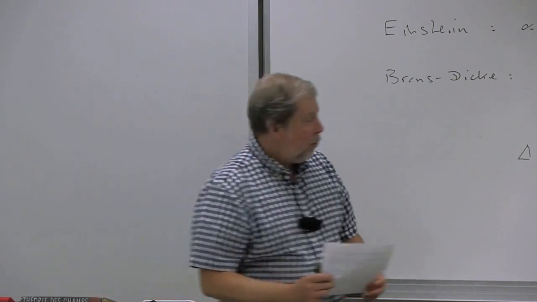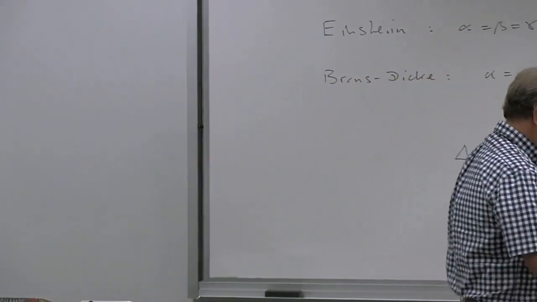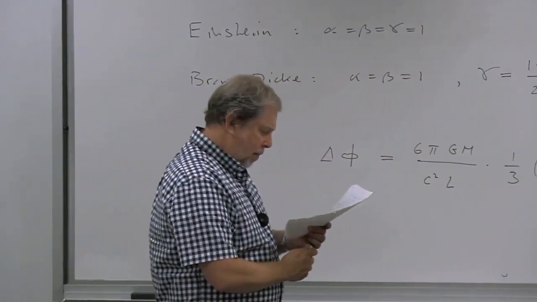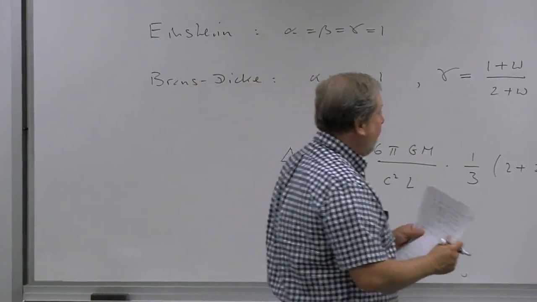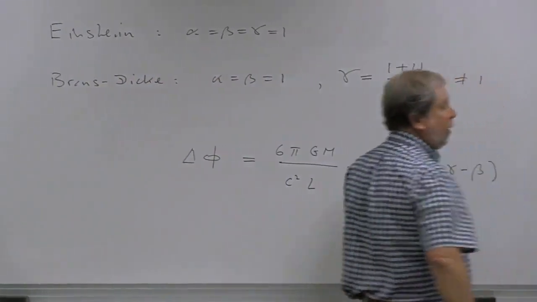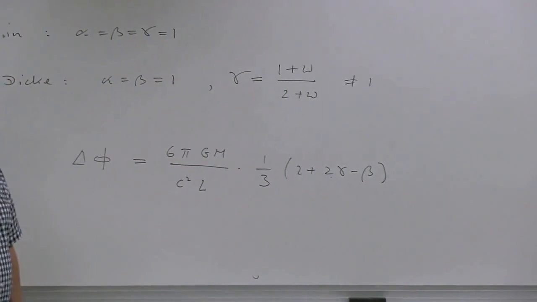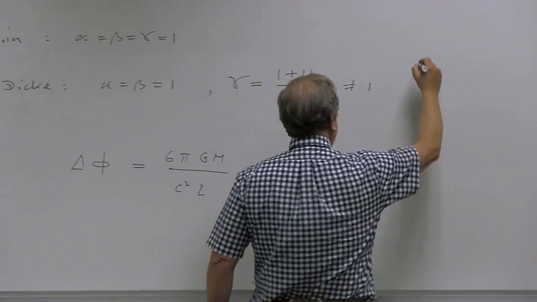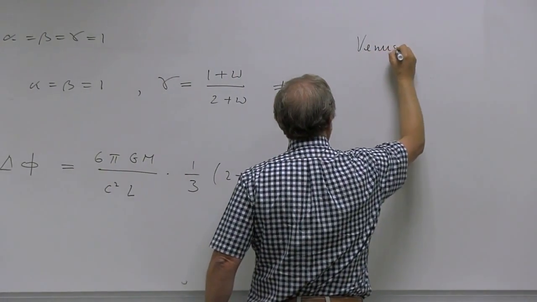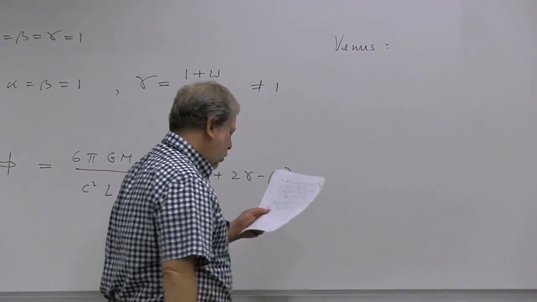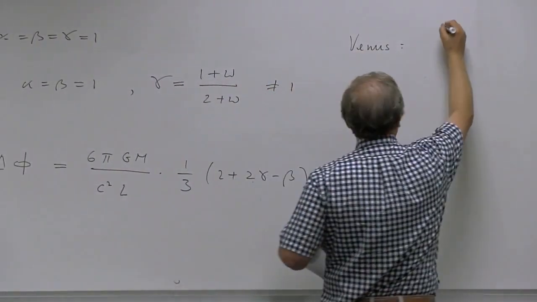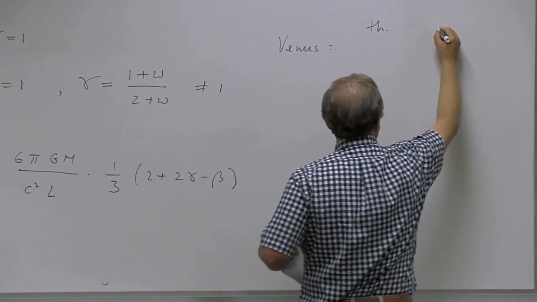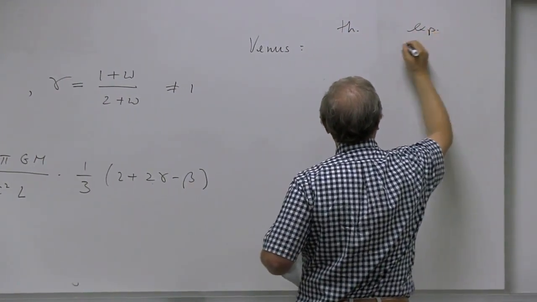Before I complete this discussion, let me mention one more thing, that you can look at other planets. It turns out that Mercury, because it is so close to the sun, has the largest effect. But one can look at Venus. You can make a table where you have the theoretical prediction and the experimental number.